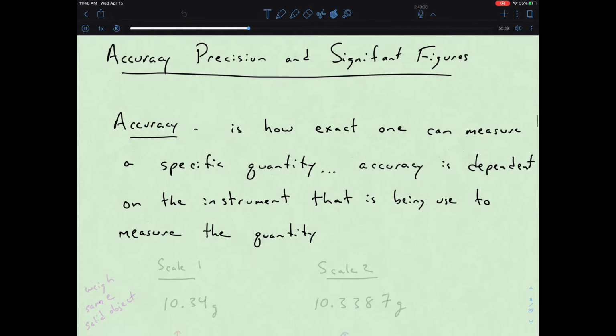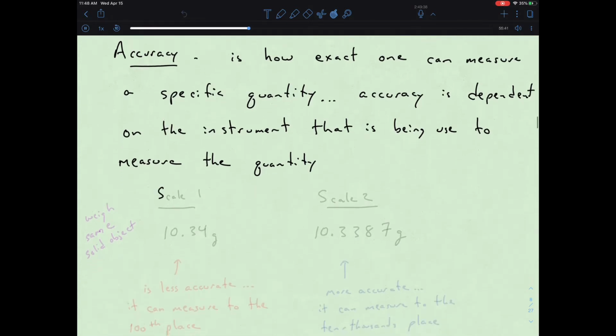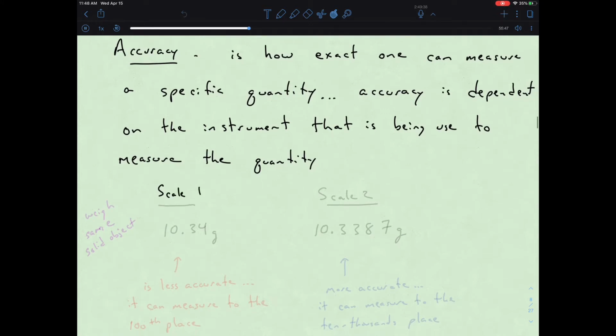So I could have basically two scales, scale 1 and scale 2. And if I weigh the same solid object on one scale, I get a value of 10.34 grams.